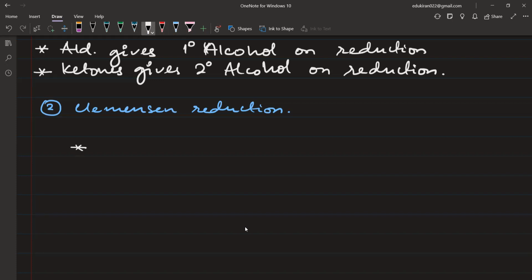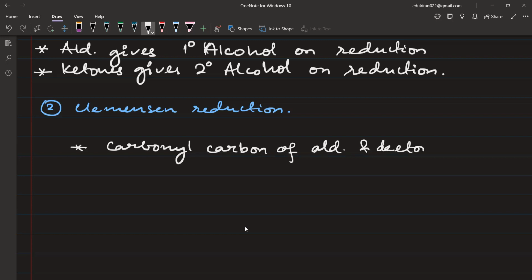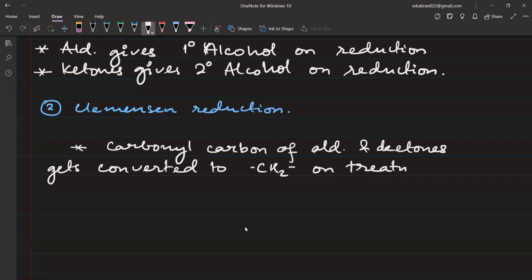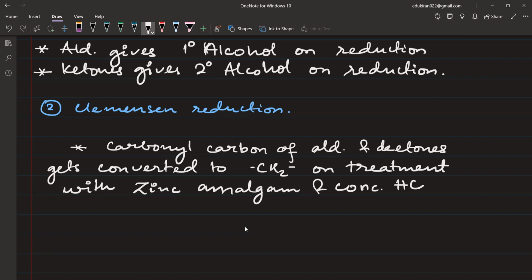In this, the carbonyl carbon of aldehyde and ketone gets converted to CH2 on treatment with zinc amalgam and concentrated HCl.